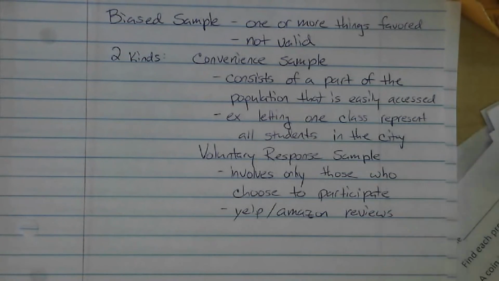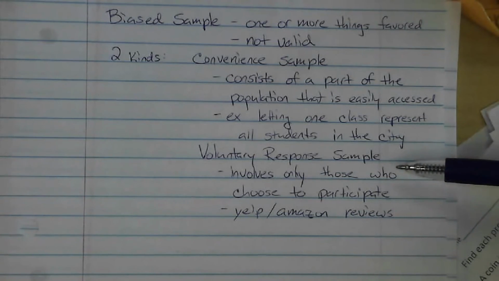Well, instead of looking at students from every school in the county or city or state, let's say I wanted to find out about favorite ice cream flavors, if I only asked the students that I personally teach in my classes, well, that would be very convenient to me. I wouldn't have to go to other schools. I could do it very easily while I'm teaching day to day. But it wouldn't necessarily represent what all the students in the entire county or city or state think. So even though it's convenient, it's going to give me skewed results.